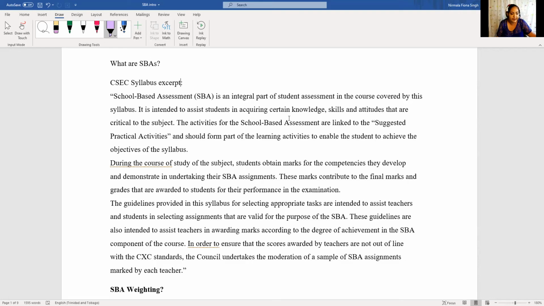The guidelines provided in the syllabus will provide appropriate tasks that are intended to assist teachers and students in selecting assignments that are valid for the purpose of the SBA. These guidelines are intended to assist teachers in awarding marks according to the degree of achievement in the SBA component of the course.